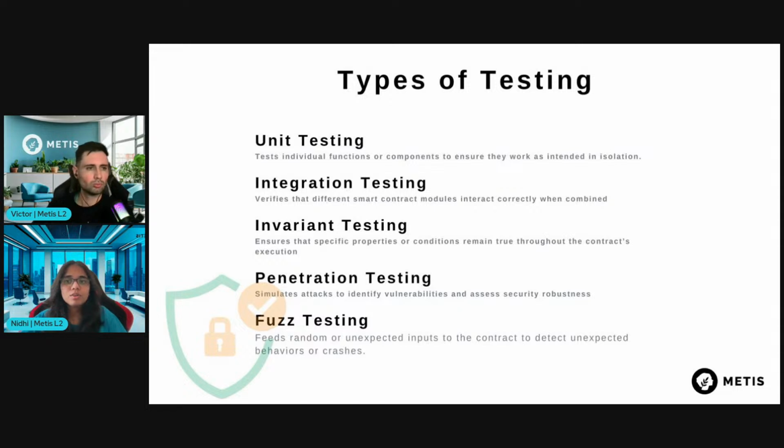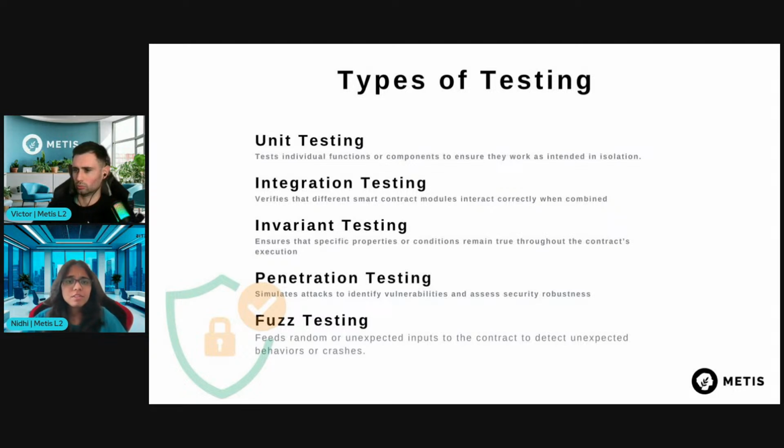Okay, so let's say once you have developed the smart contract and you want to do some testing. Testing is hands down one of the most critical steps, I'll say once again, in building secure smart contracts. So let's break down the key types of testing and why each one matters.